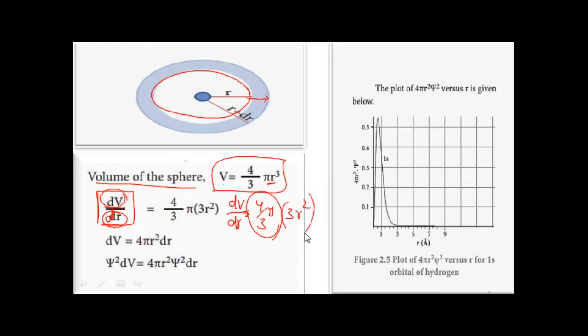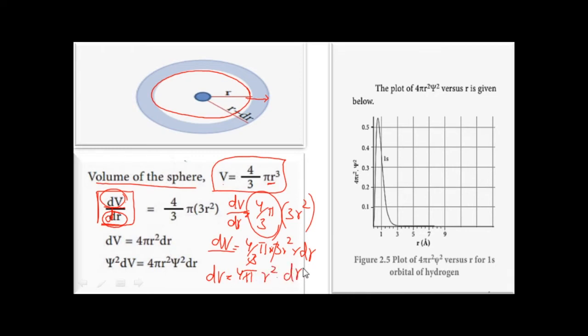Cross multiplying, dV equals 4 by 3 pi times 3 r squared dr. The 3 cancels, so dV equals 4 pi r squared dr.